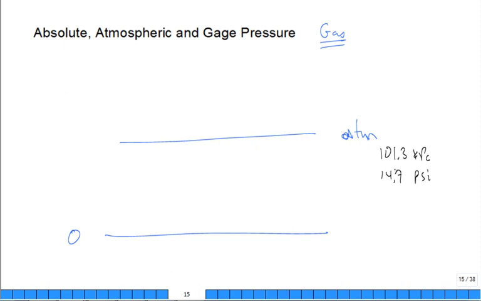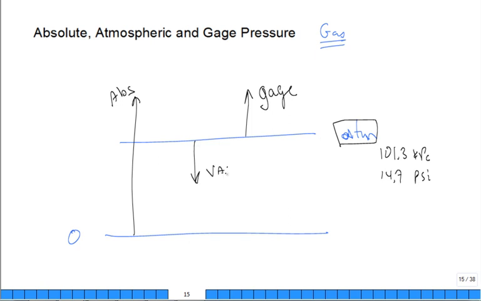And then gauge pressure is everything above. So here's absolute pressure, here's atmospheric pressure, and there's gauge pressure. And if you measured a vacuum pressure, it would typically be measured from the local atmospheric pressure down.